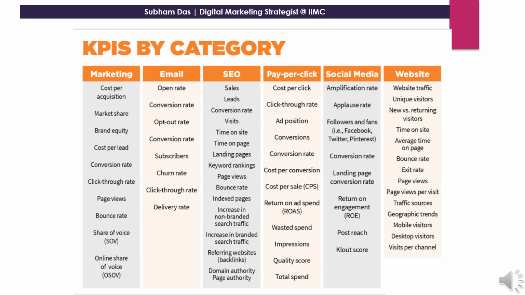All these will measure the SEO element of inbound marketing. For the pay per click element, you have cost per click, and metrics like click through rate, ad positioning, conversion rate. All these will measure the pay per click element. Now for the social media element, you have amplification rate, engagement rate, applause rate, followers and fans, the number of posts reach.